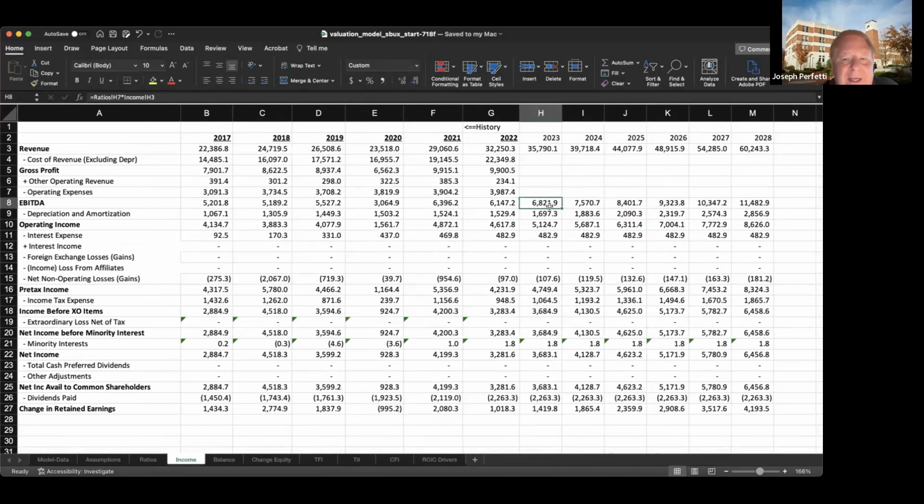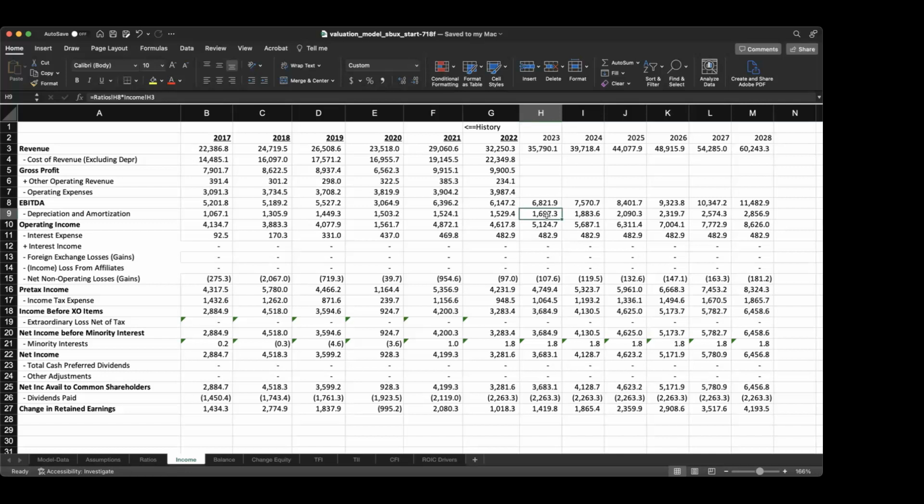It's going to be ratios H7, which is EBITDA as a percentage of sales, times income H3, which is the 2023 revenue. And then depreciation is going to be ratios H8, which is depreciation as a percentage of sales in 2023, times income H3, which is 2023 revenue. The ratio times the dollar gives me the dollar. Thank you. And that's a consistent approach.